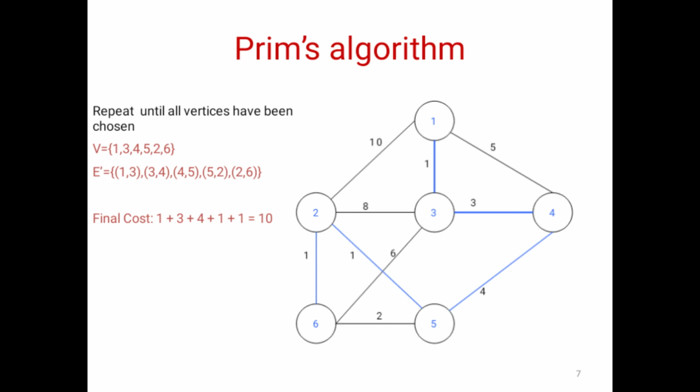So the total final cost of the minimum spanning tree is 10. Hence you have constructed a minimum cost spanning tree.